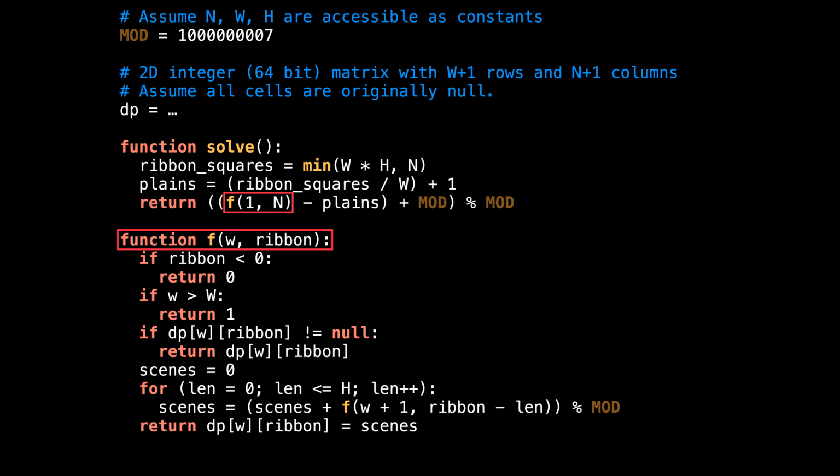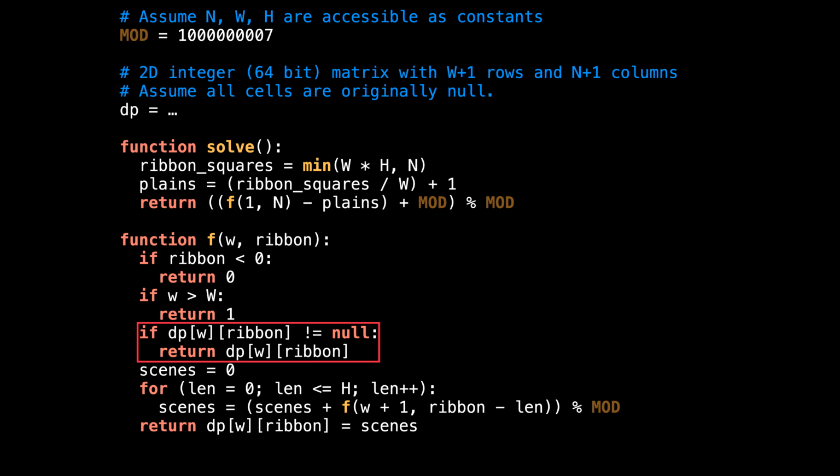The worst case is the same, so you don't gain much by using ribbon squares instead of n. Inside f, if we ever have a negative amount of ribbon, then we don't have enough ribbon material to tile the frame, so return a count of 0. However, when the width value exceeds the frame width, then we know we have finished tiling a frame. In this case, return a count of 1.